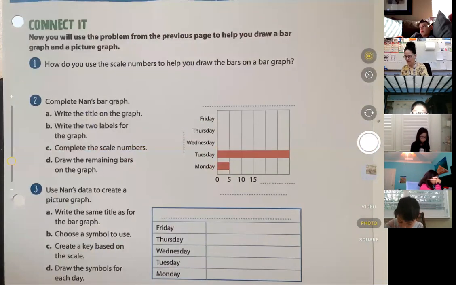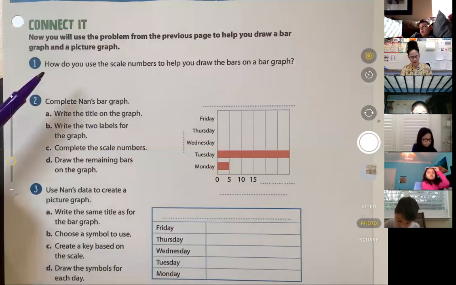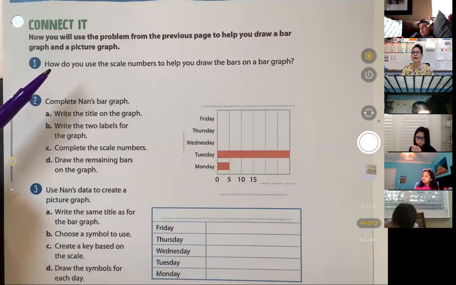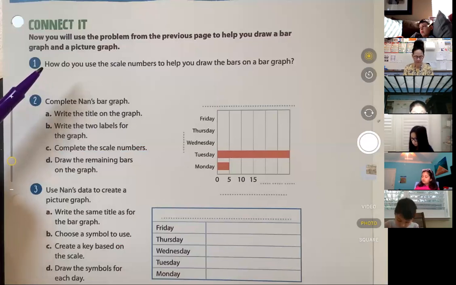So on question number 1, it is saying, how do you use the scale numbers to help you draw the bars on the bar graph? How do you use the scale numbers to help you draw the bars on a bar graph?